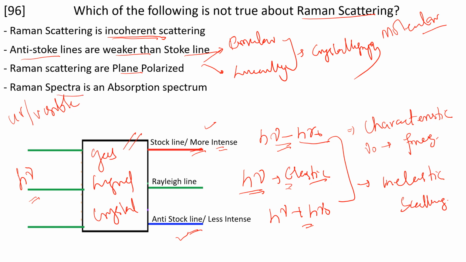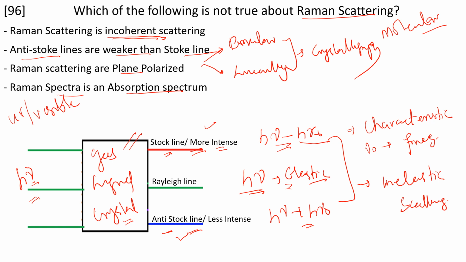Now, Raman spectra is an absorption spectrum. Let us see. The Stokes line is due to absorption of energy from the wave, and the anti-Stokes line is emission of energy by the crystal.